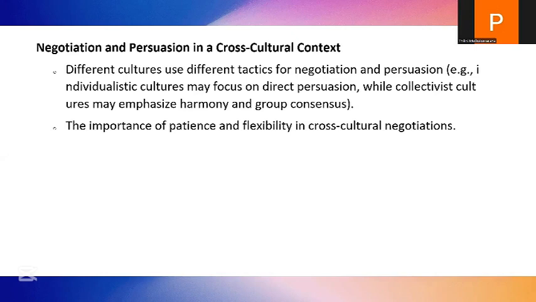For example, individualistic cultures always focus on direct persuasion, whereas collectivists go for harmony and group consensus. The important fact you have to understand here is patience and flexibility. You have to adapt and integrate into all these cross-cultural negotiations.